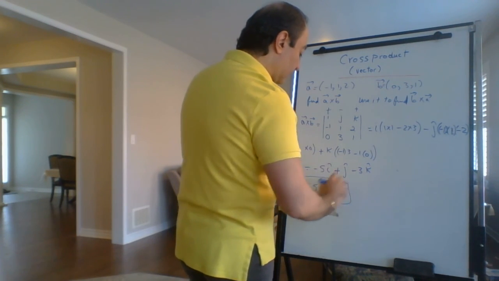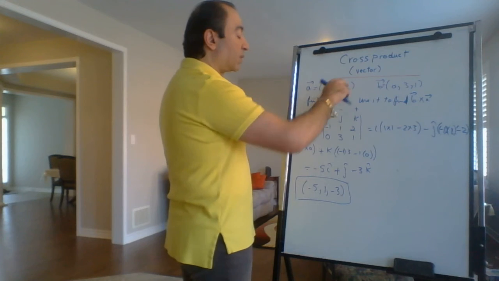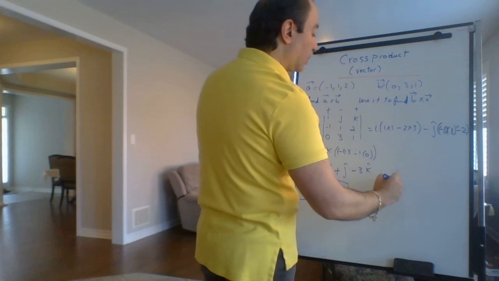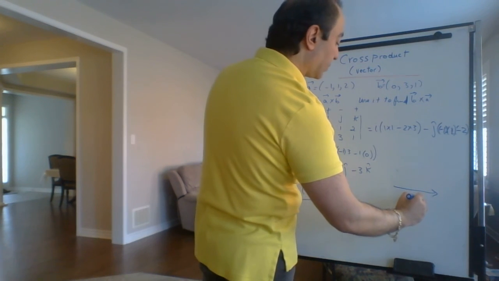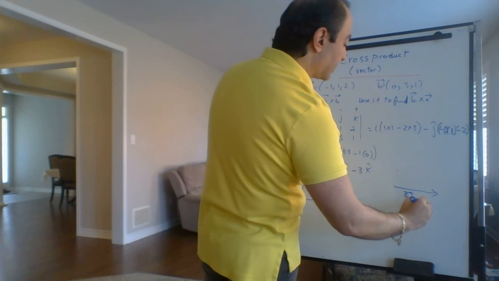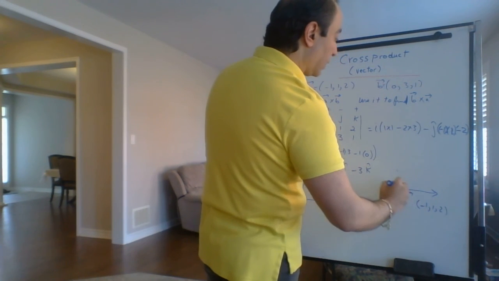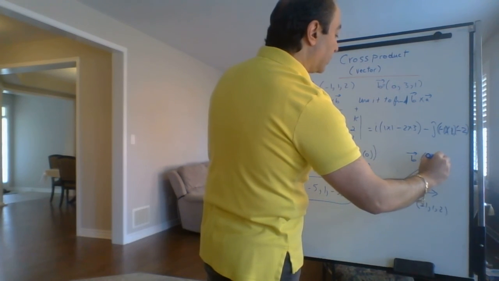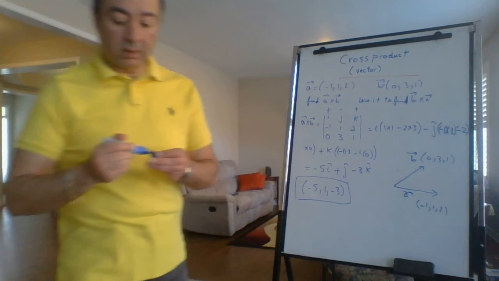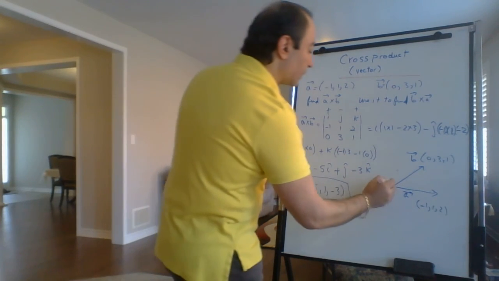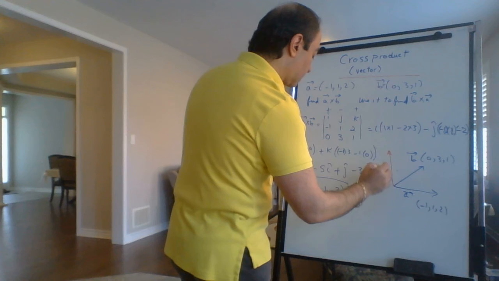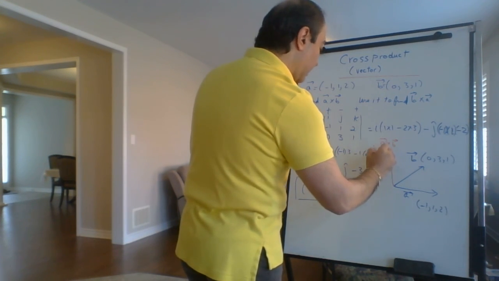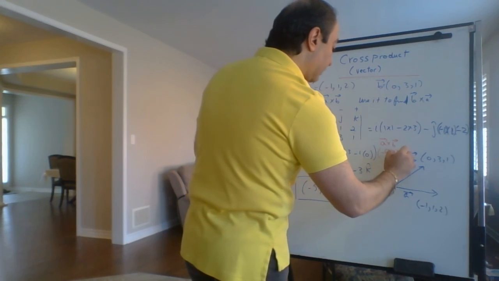What we know about this is that it is the vector that is perpendicular to both A and B. So if this is vector A with components negative 1, 1 and 2, and the other vector B is 0, 3 and 1, this vector is the result, which is A cross product B, with components negative 5, 1 and negative 3.